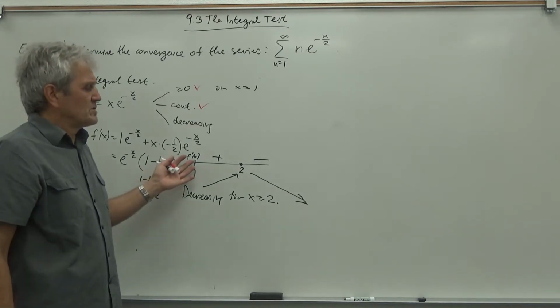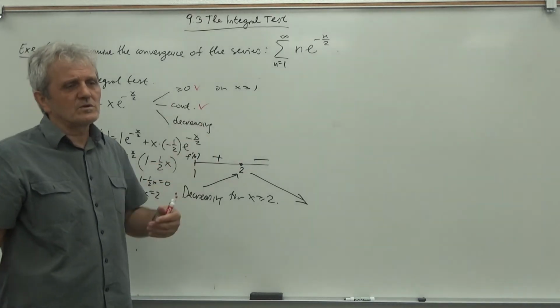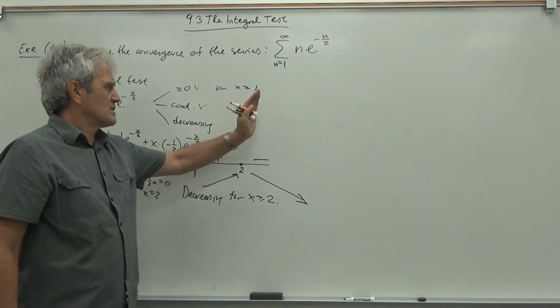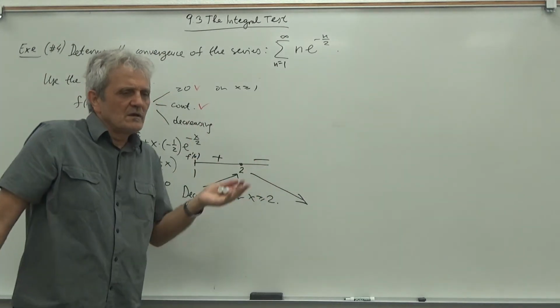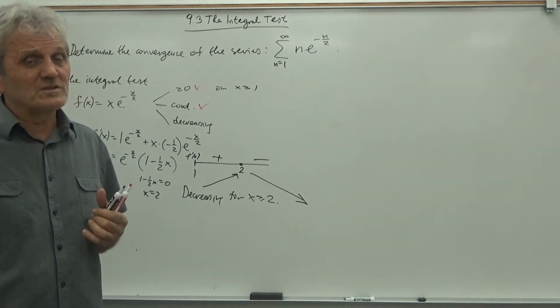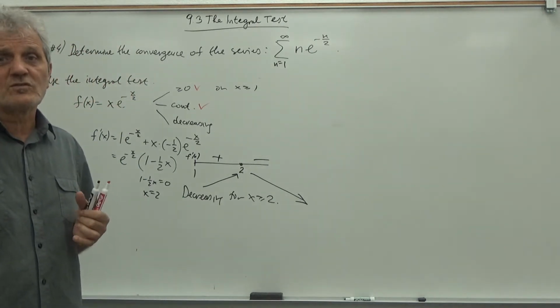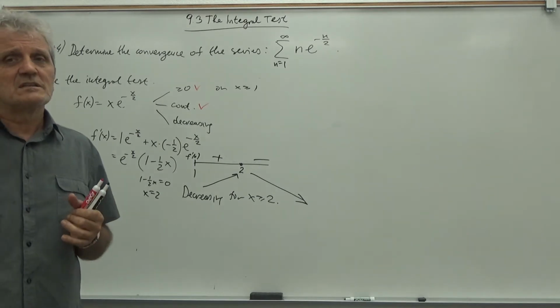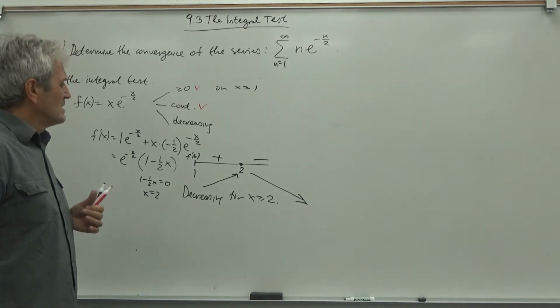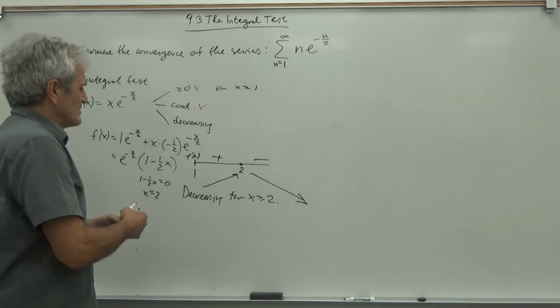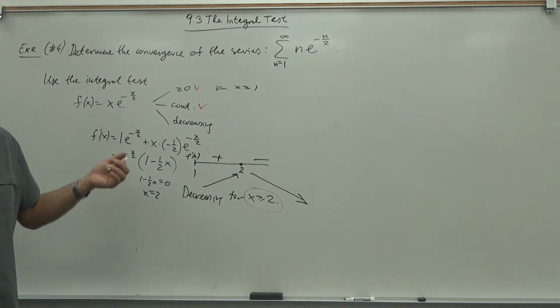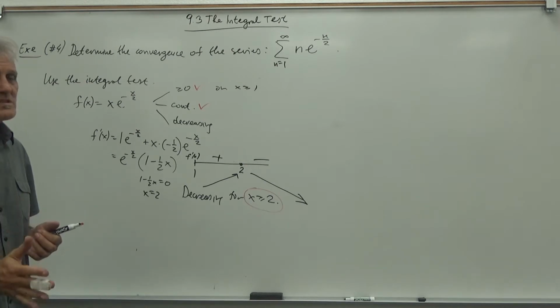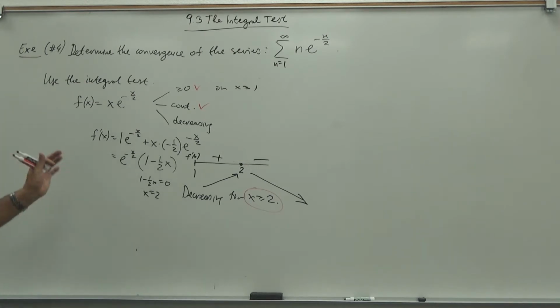As long as we can analyze members from the second on, we can cut off the first members. Yes, they affect the result of the sum, but you don't affect convergence status because that's decided later on. So if it's decreasing for x greater or equal to 2, that's good enough. Even if it was 10, or a million, as long as from some point on it is decreasing, then we can use the integral test.